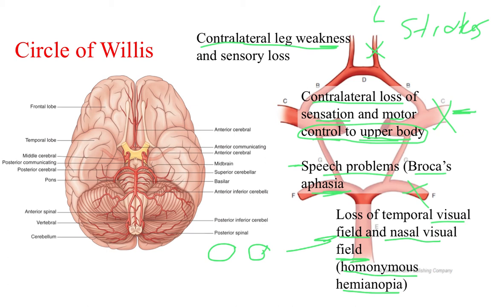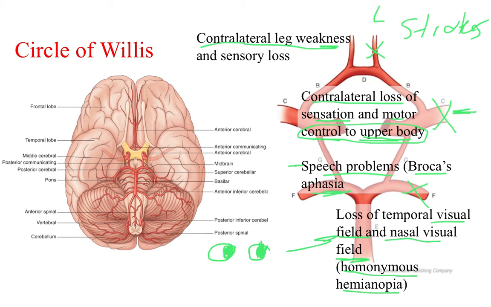And so the way it's affected is one hemisphere where you have a stroke will affect the temporal part of the eye, vision from the temporal field of vision of one eye, and the nasal of the other eye.